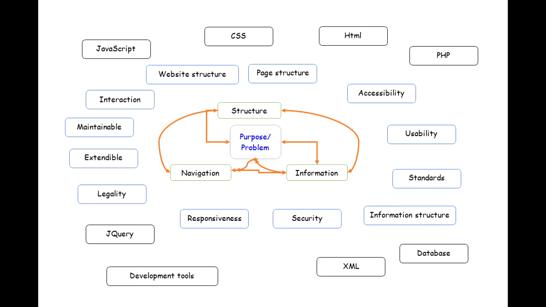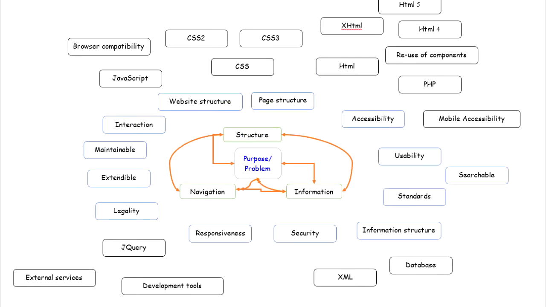So our core analysis of our website design starts with the purpose or problem, and as we investigate this further, we can expand outwards into detailed concepts and explore all the possibilities and requirements and all the decisions that we need to make as we consider our website development.